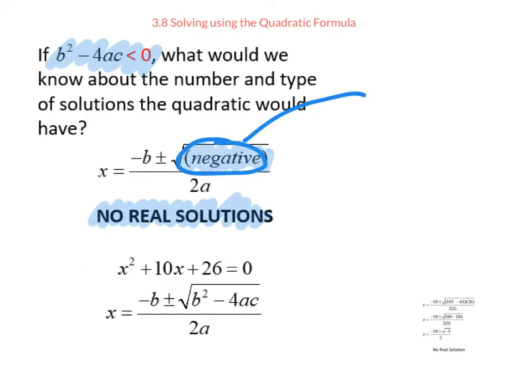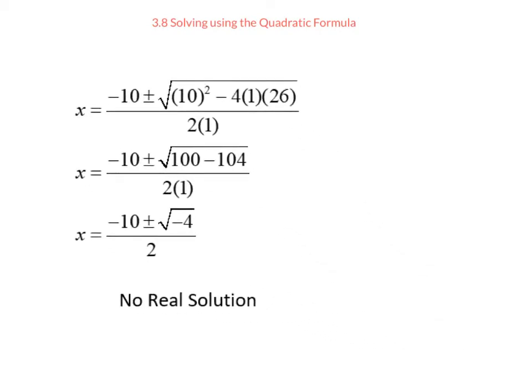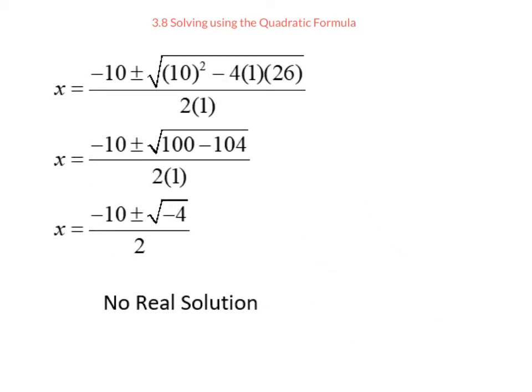Let's show you one here. In the problem below, in the discriminant area, we get the 100 and subtract the value of 104, which gives us a negative. At this stage of your learning, the square root of a negative number has no real solution. So those are the three cases.